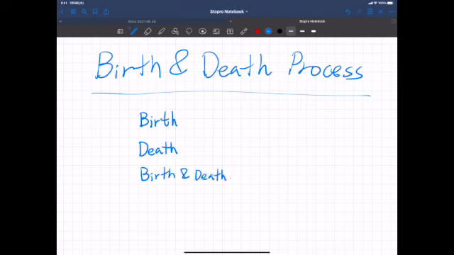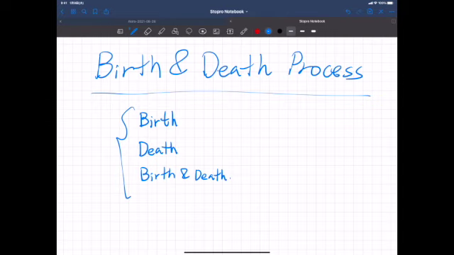Depending on some conditions, the rate of birth and the rate of death, the population can increase or decrease. It depends. These are somehow similar to the Poisson process, but there are some important differences.